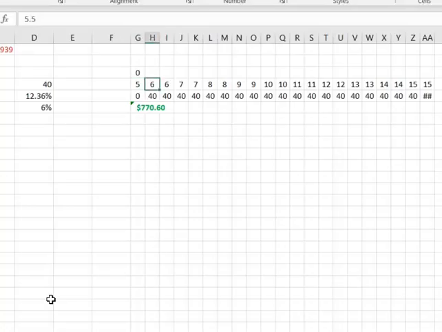They tell you at year 6, the first 6 months, you get 40. The second one, you get 40. And because it is year 6, in year 6 you have 2 payments. At the end of each 6 months, you receive $40.